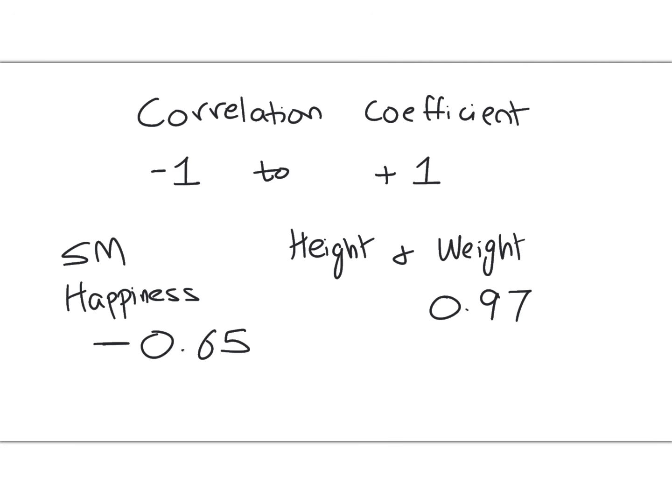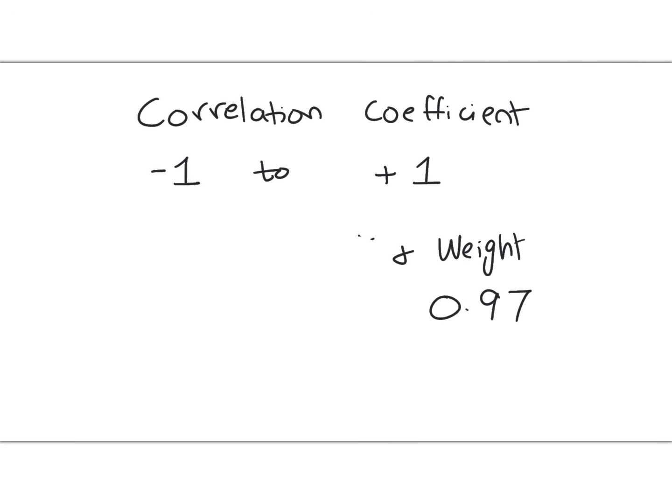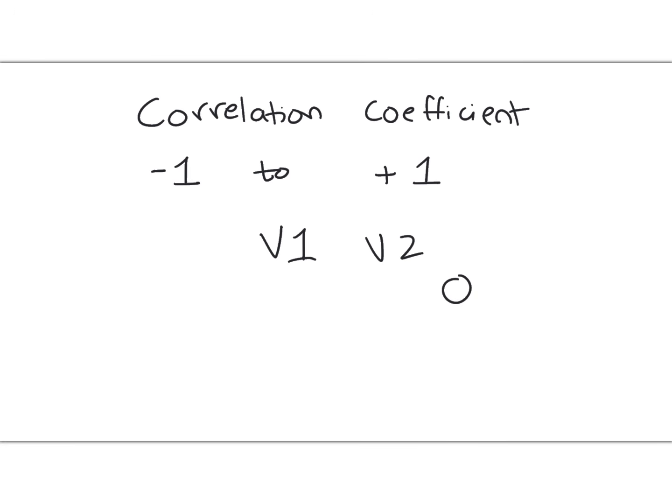Okay. Let's take another example. I'll just write two random variables, variable 1 and variable 2. So let's say variable 1 and variable 2 have a correlation coefficient of 0.5. So it's a positive correlation, but an average strength correlation.